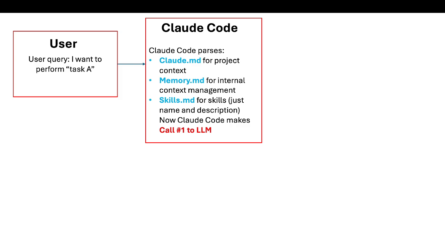It parses the Claude.markdown file for getting the relevant project context, the memory.markdown file for internal context management. These are the things that Claude Code learns along the way. It is not exposed to the user, so you will never be able to manipulate it, but this is something that Claude Code manages internally.